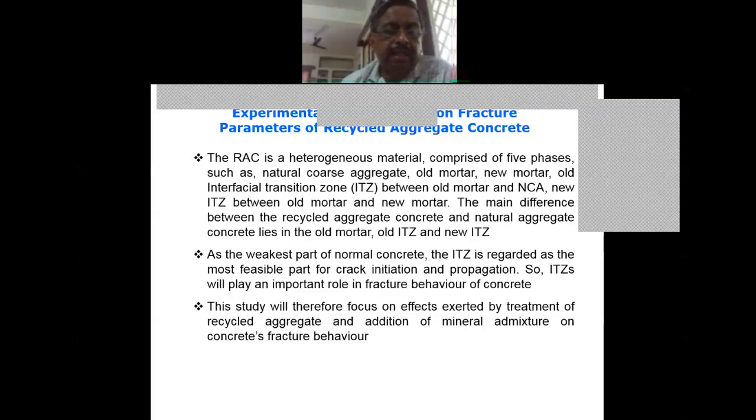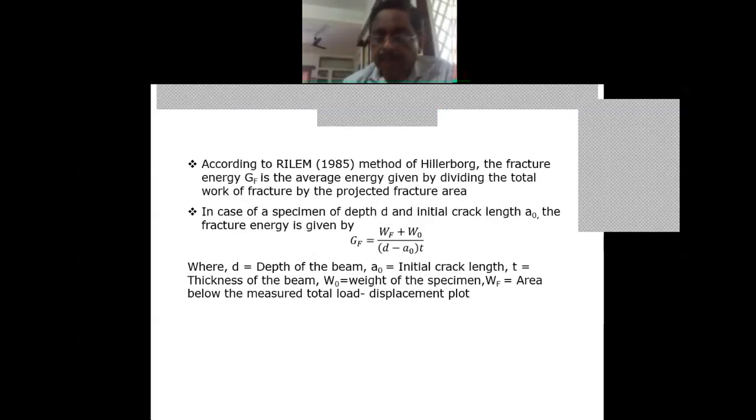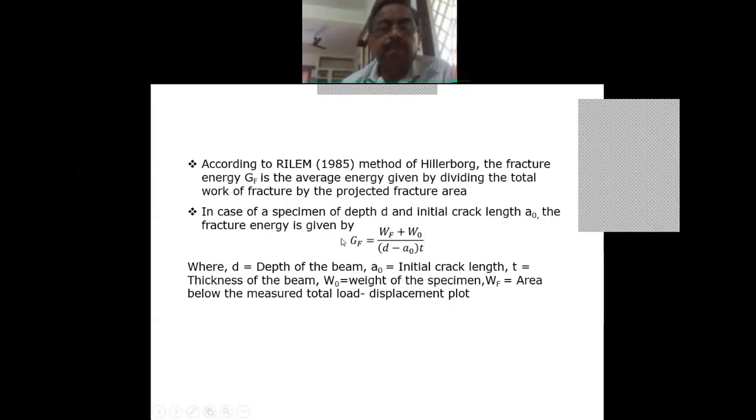According to the RILEM standard and other things, fracture energy and fracture toughness can be evaluated. I'm not going into the equations; you can refer to some of the standards on fracture mechanics and study them in detail. What I will say is that from the mix design point of view and the properties point of view, we can evaluate this and see that there is a change.